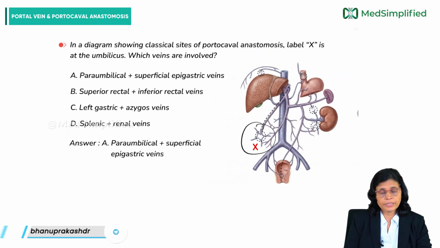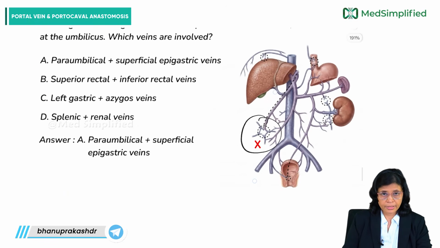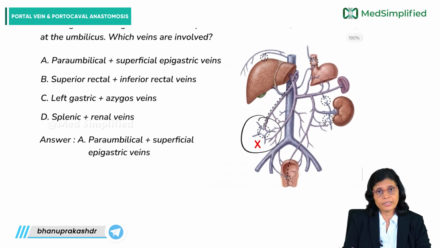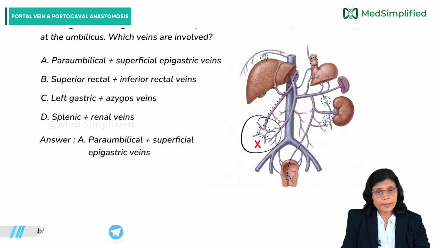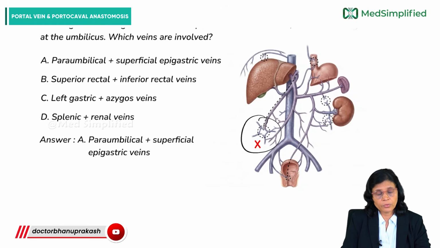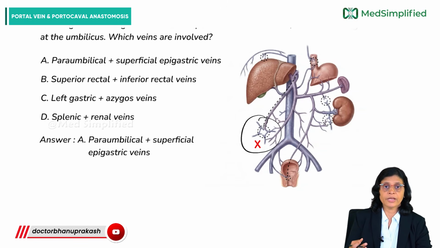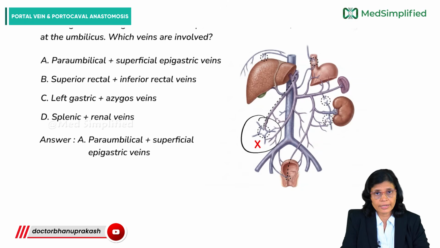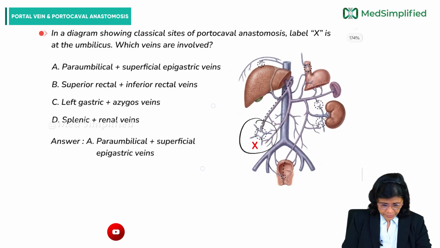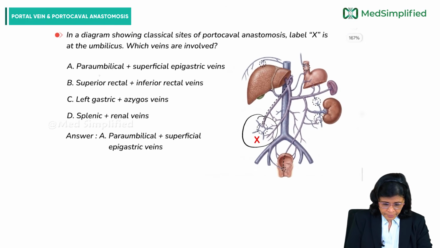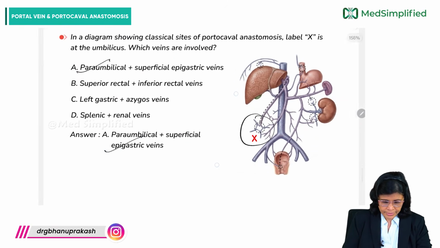The paraumbilical veins belong to the portal system, and among the systemic veins, from above we have the superior epigastric vein and the lateral thoracic, from below the inferior epigastric as well as the superficial epigastric, and from the sides the posterior intercostal and lumbar. So here, what have they given? They have given paraumbilical and superficial epigastric. So A is the right answer.